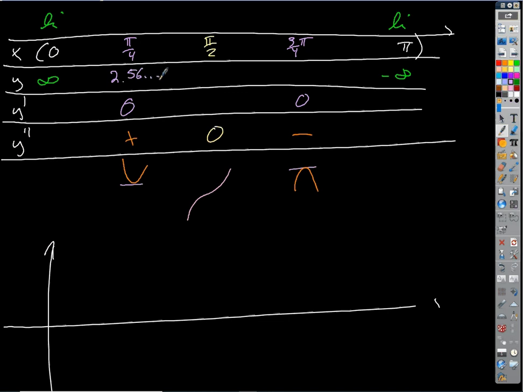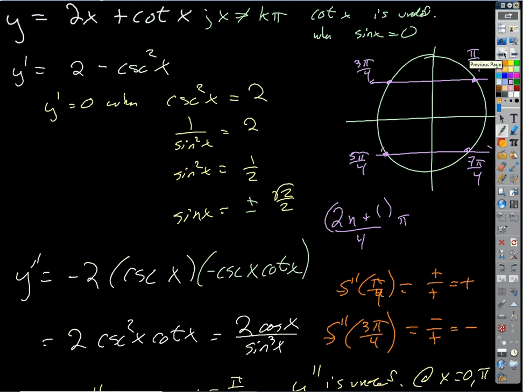Something like that. So here's a point. At 3/4 pi, what are we going to get? Cotangent's going to be -1. And so I'm going to get 2 times 3/4, I'm going to get 3 halves pi minus 1, so what's that?